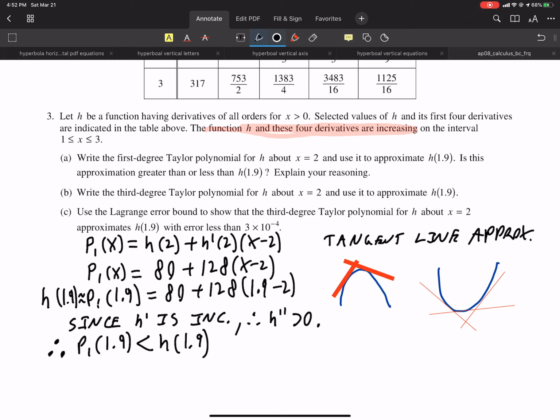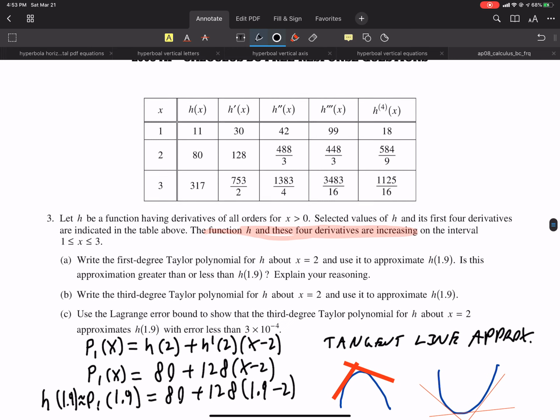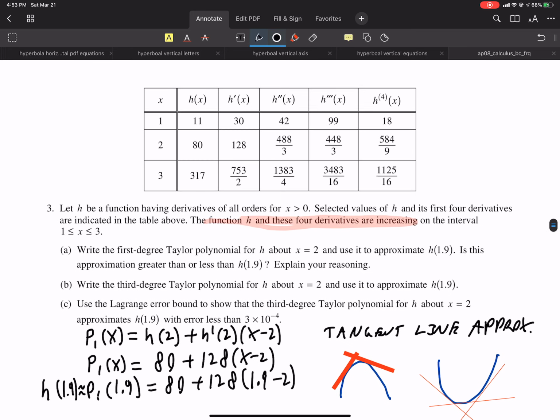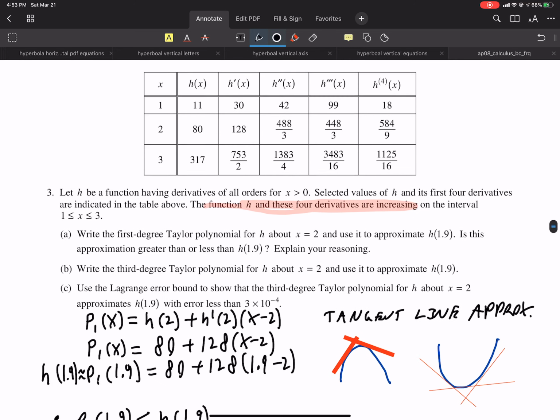Or another way to look at it: how else can we get the second derivative to be positive? From looking at our table, our second derivative is positive. And we're looking at 1.9, that's between 1 and 2.